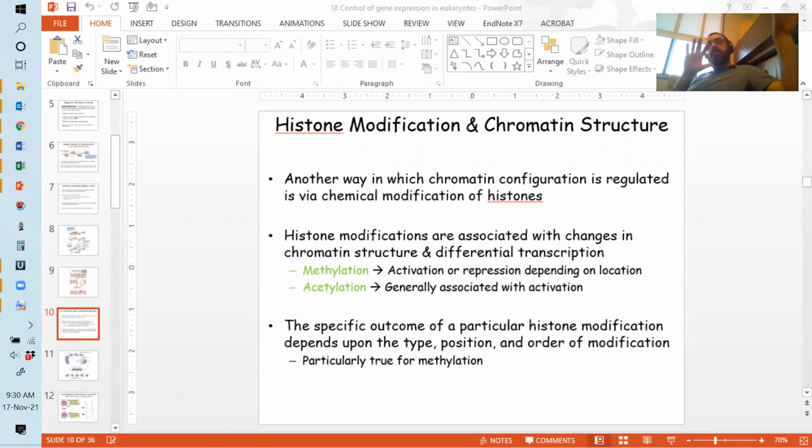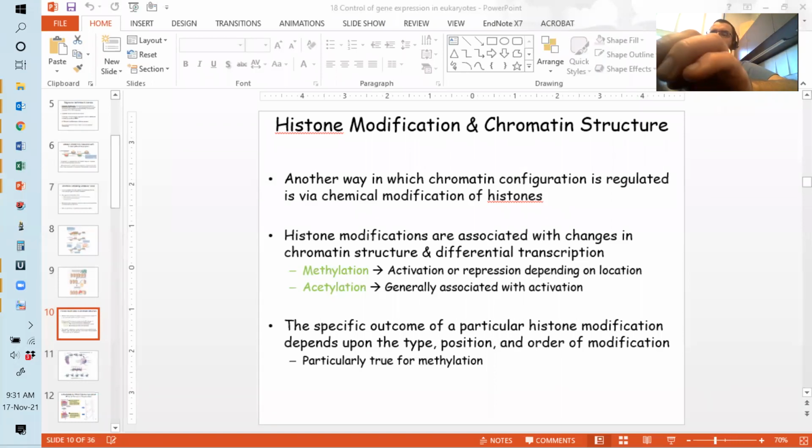So you have two opposing modifications, right? Acetylation, gene expression; methylation, gene repression, by and large. So you can switch between those two depending on what is going on and what other signals are present that dictate chromatin structure, right?